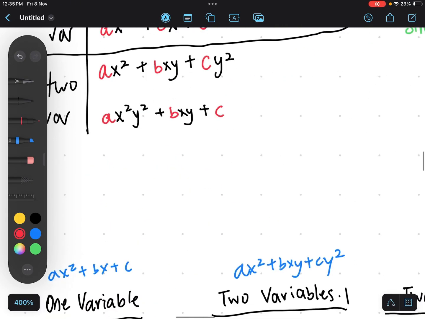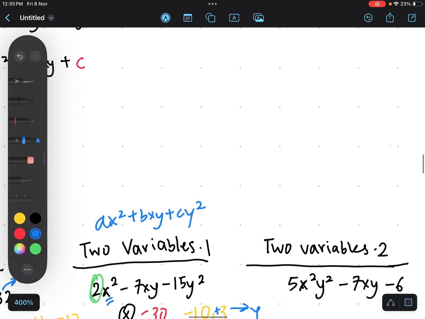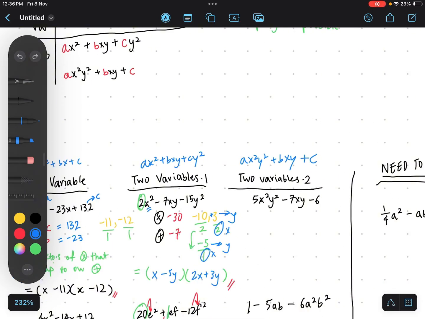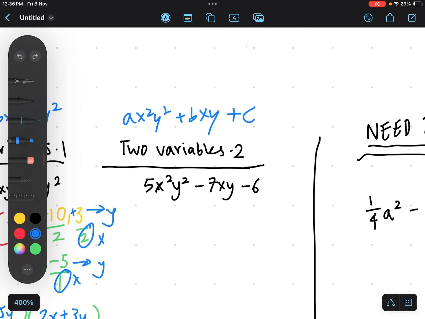Now, of course, we have these ones. We have the second variation of 2 variables, where the c is a constant. So it'll be ax squared y squared plus bxy plus c. Now, we do the same steps. Always do the same steps. Only the fraction at the end changes a bit. So we're going to do that real quick.